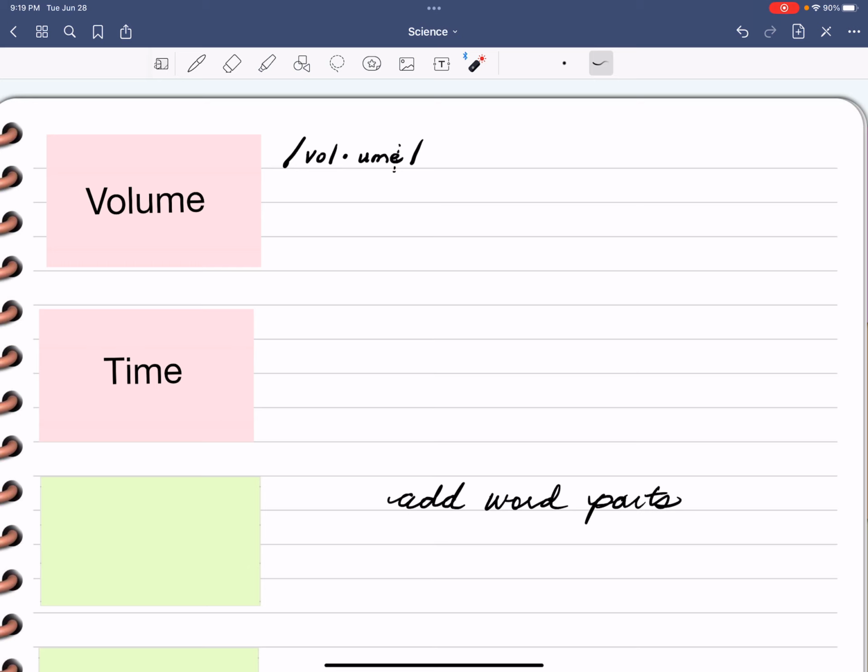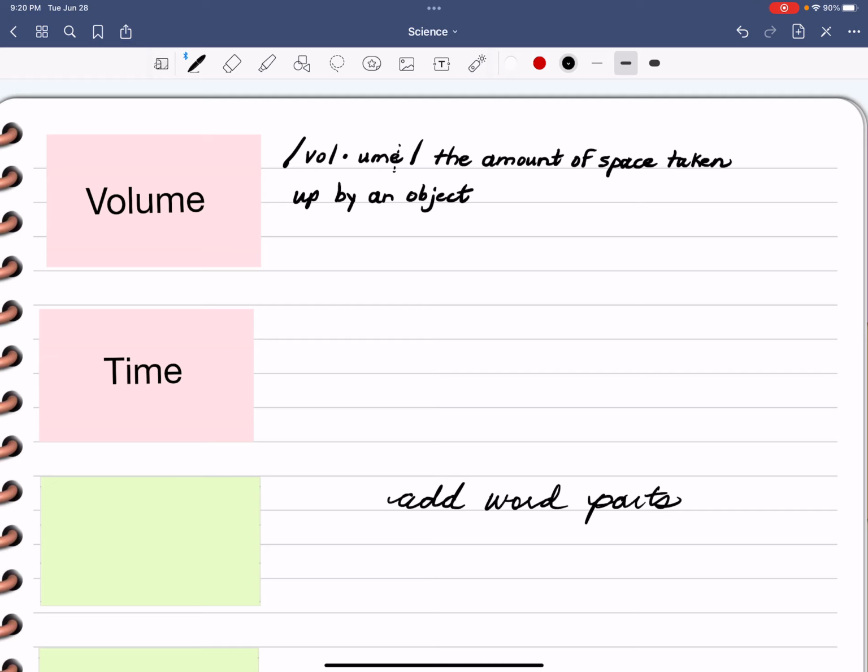Vowel, consonant, E. So volume is the pronunciation. Volume is the amount of space taken up by an object.